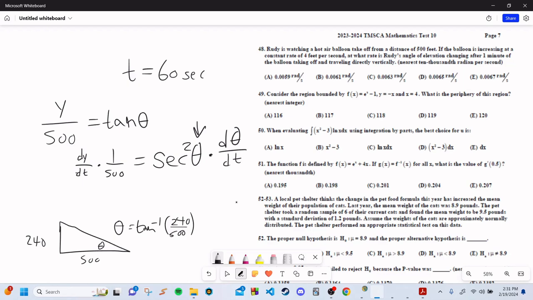And then we're going to do secant squared of that value. So this is like 0.4475. We're going to do secant squared of 0.4475. This value comes out to 1.23.